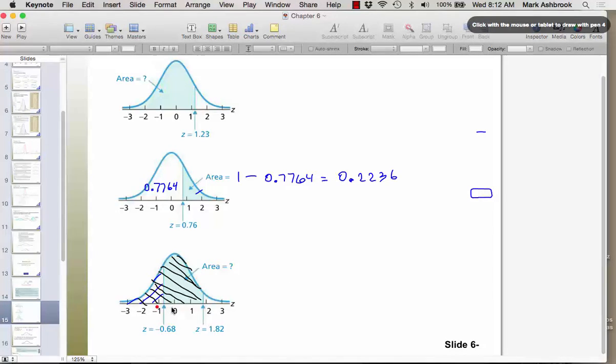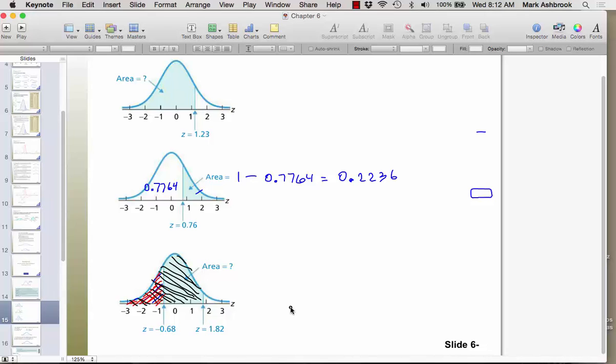Should have done red. So let's do red over here. So the black would be the area that we'd get from the z-score of 1.82. That'd be the black. The red is the area we would get from a z-score of negative 0.68. What do we want?